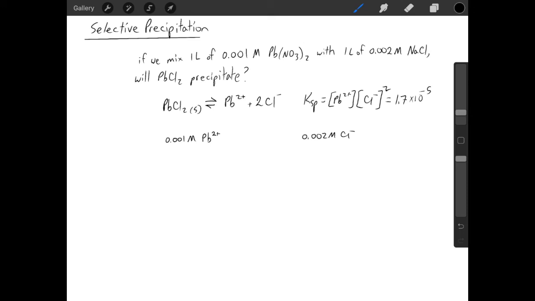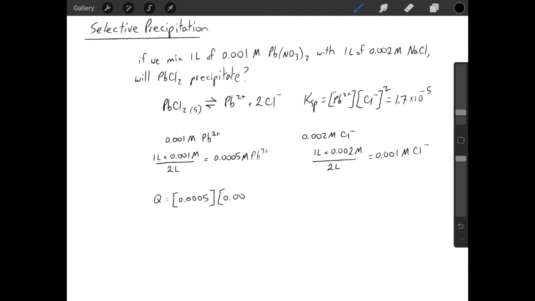After mixing, they'll both be diluted from 1 liter to 2 liters. Once we have their diluted concentrations, we can enter them into the Q expression. And we have a situation where Q is considerably less than K, and therefore no precipitation occurs.